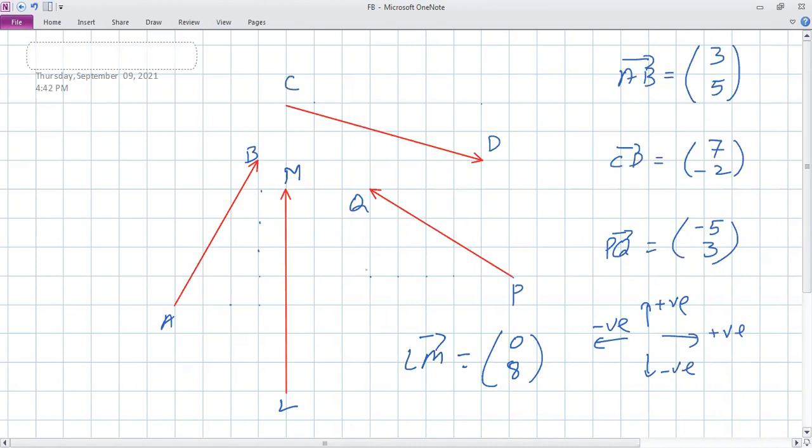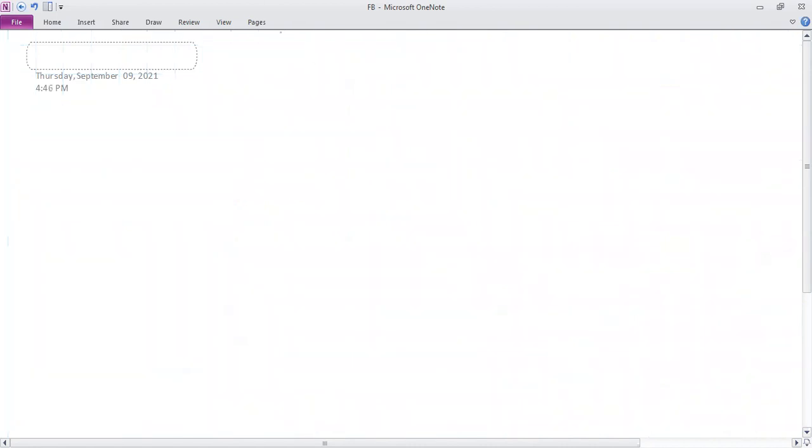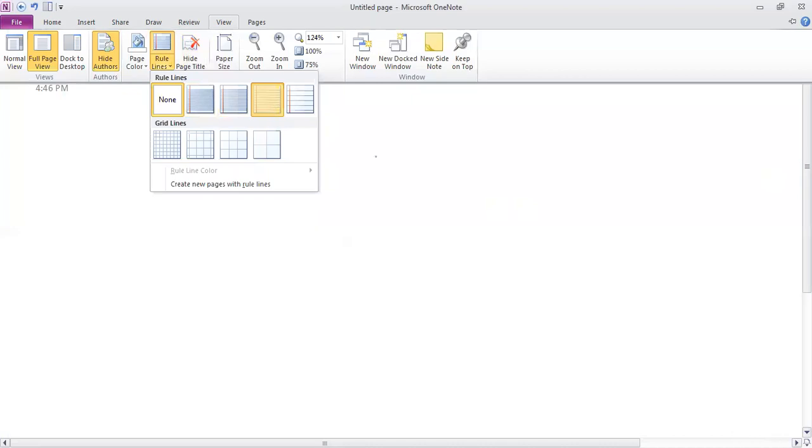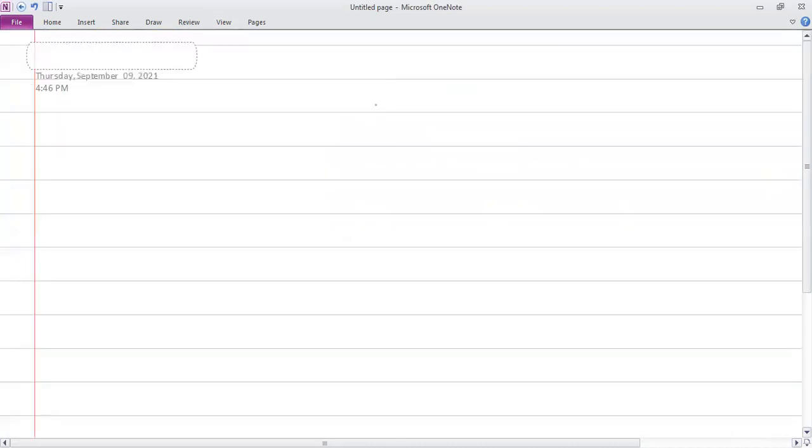This is the way to write when the vectors are given graphically and you have to write them mathematically. Next, let's suppose you have a vector A, which is (x1, y1).